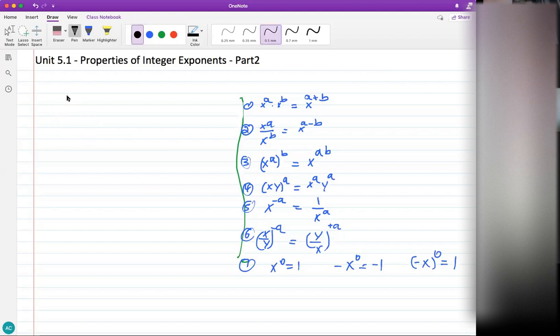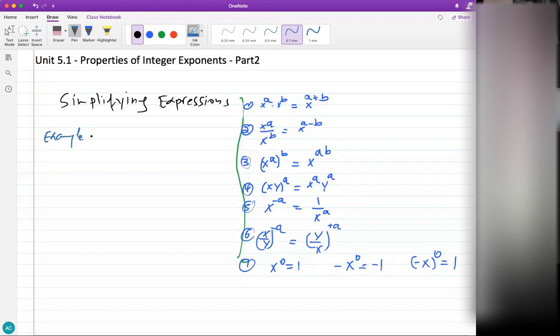The reason why we learn these is because sometimes we have more complex expressions that need to be simplified. As an example, we may have more than one variable.